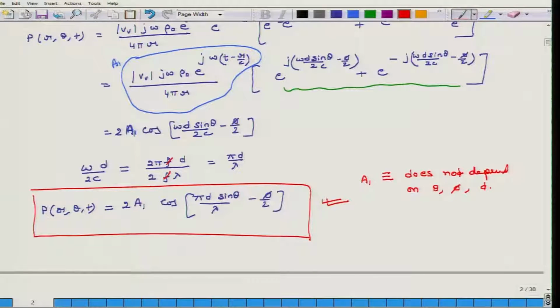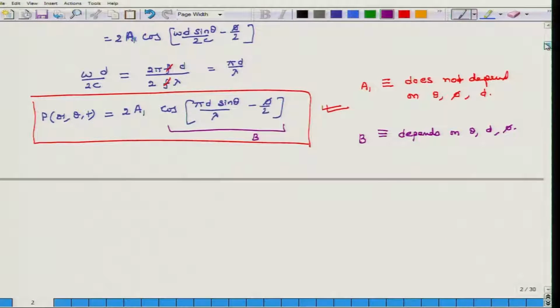It only depends on r and the angular frequency. Let us call the other term B. B depends on theta, d and phi.